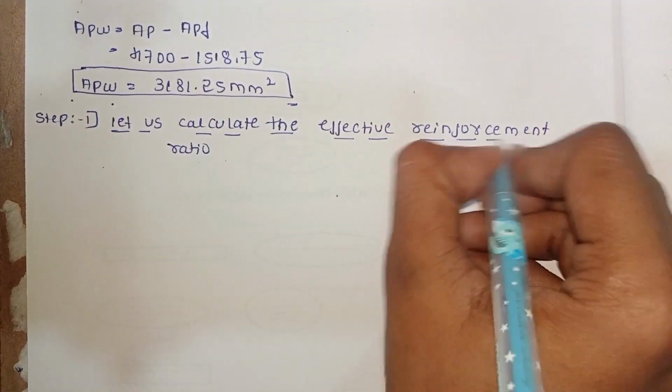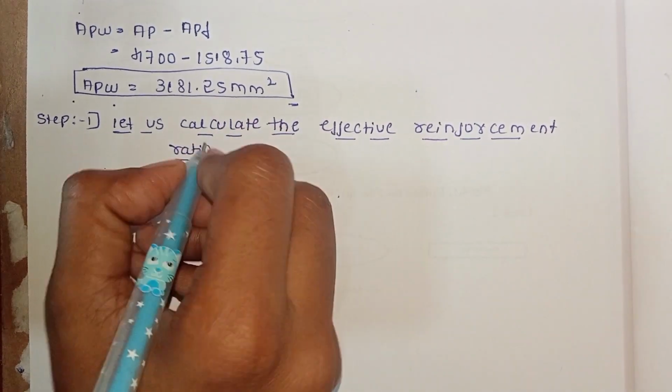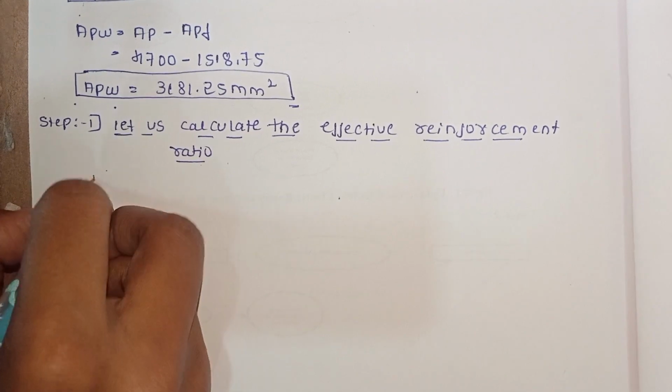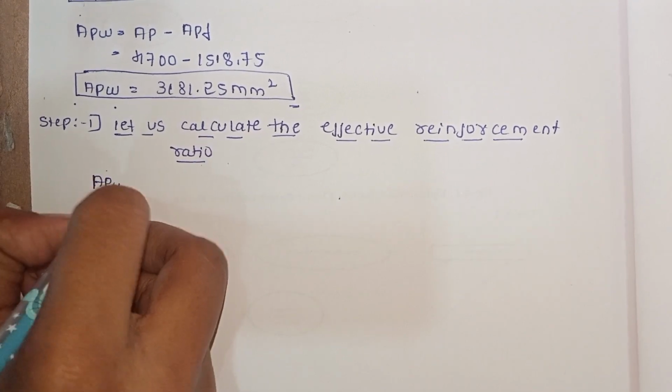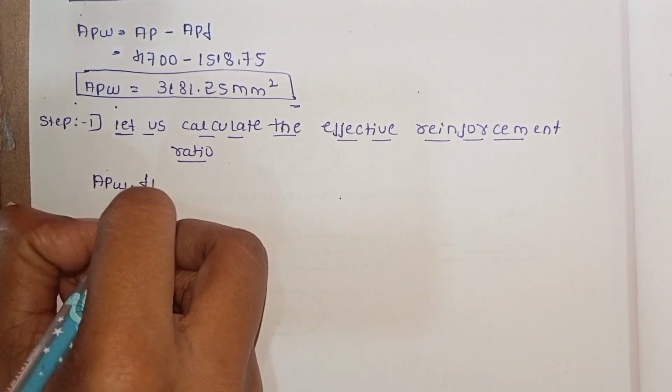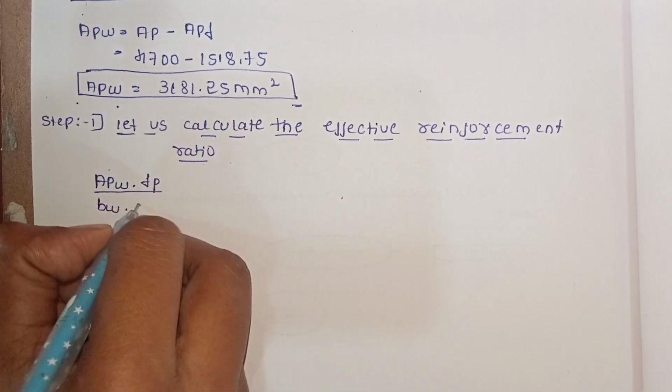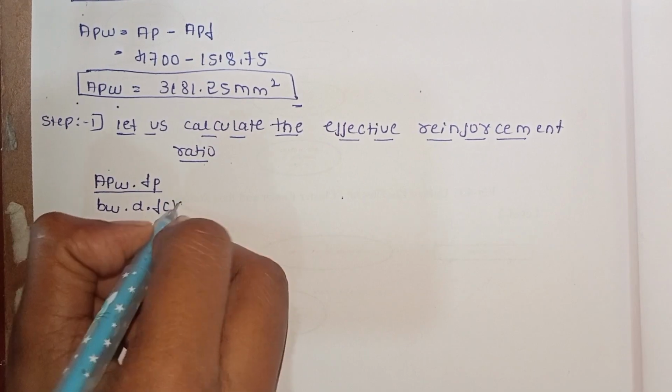This is a very important problem, many times asked in question papers. The formula is APW into FP divided by BW into D into FCK.